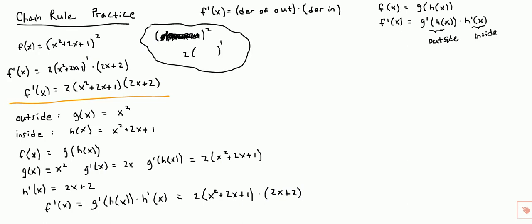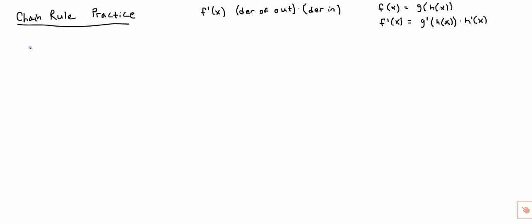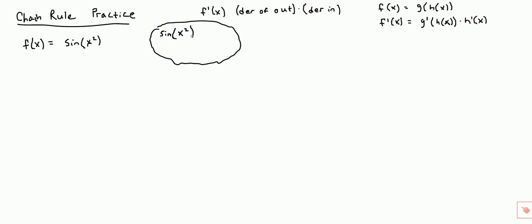Let's do another practice problem. For this one, we're going to have f of x equals sine of x squared. Okay, so let's do the thought bubble method. Okay, so we have sine of x squared, but we don't care about what's inside.